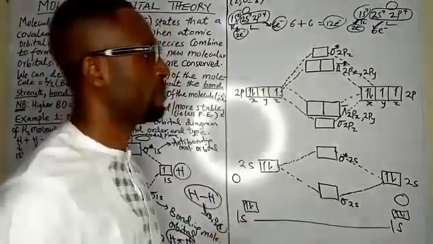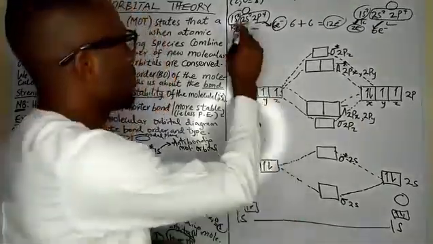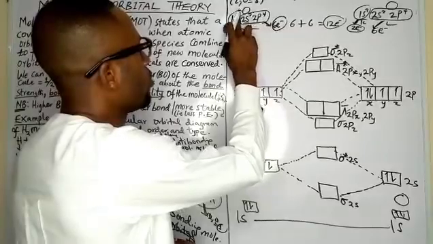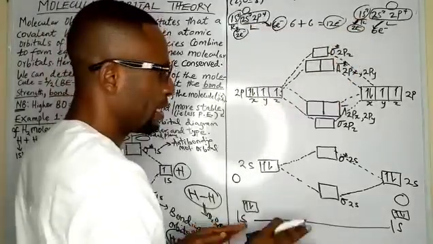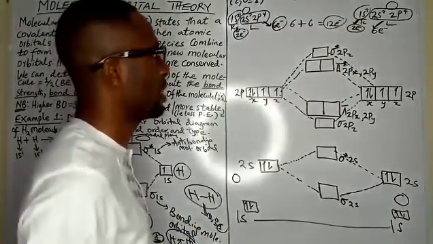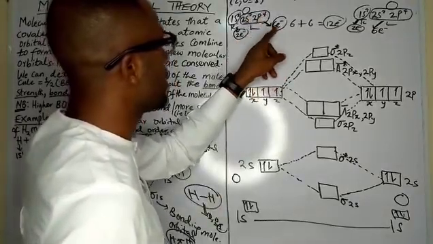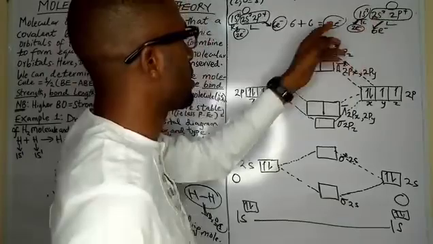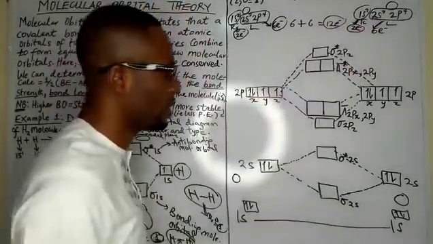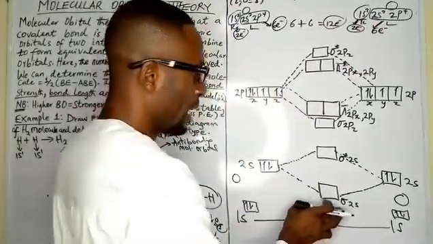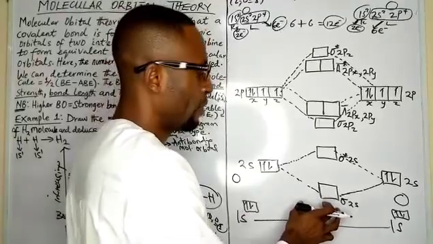Like we said, they are not involved in chemical bonding. So that's why we talk about 2 plus 4 is 6 electrons, 2 plus 4 is 6 electrons, a total of 12 electrons.